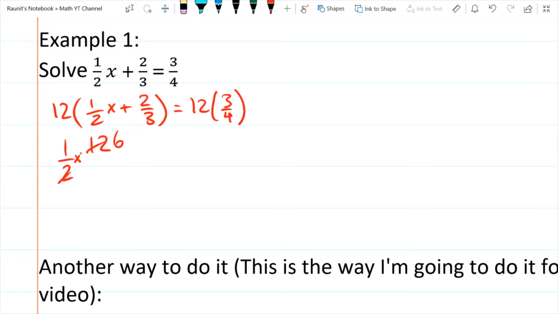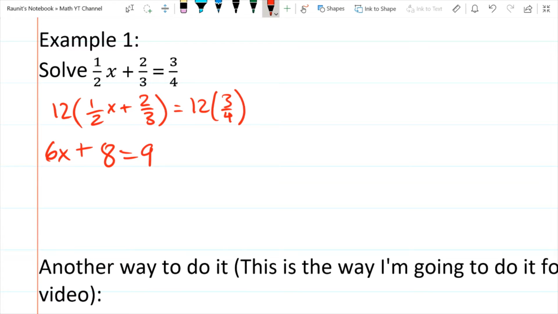So we're just going to get 6x, and then you do the same thing here, except 12 divided by 3 is 4. So then you would do 2 times 4, which is equal to 8. And then the same thing on this side: 12 divided by 4 is 3, and then 3 times 3 is 9.